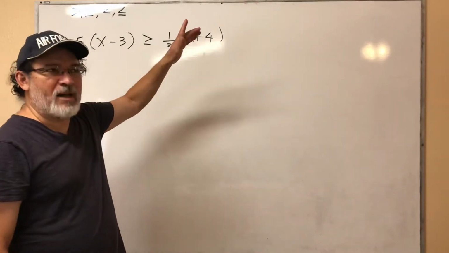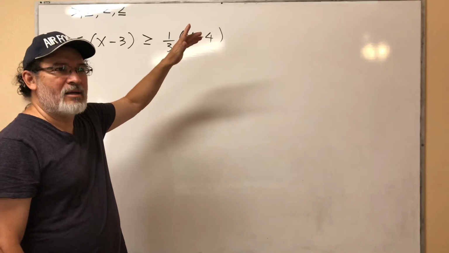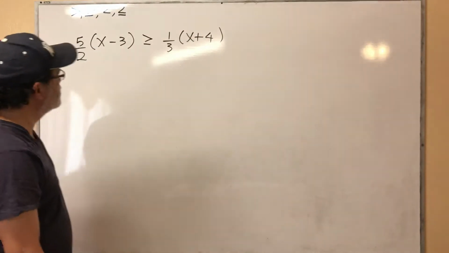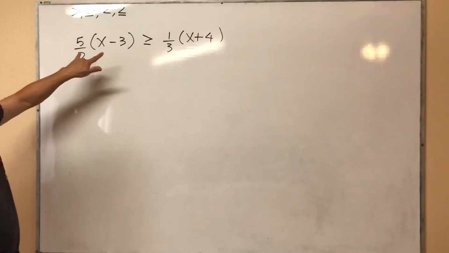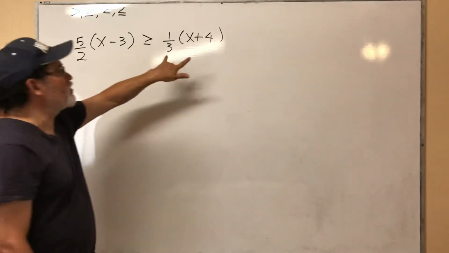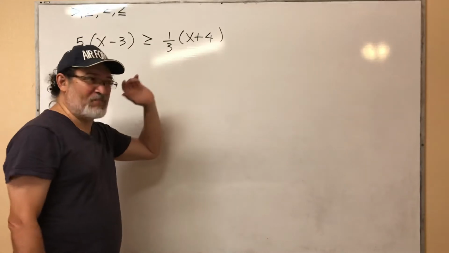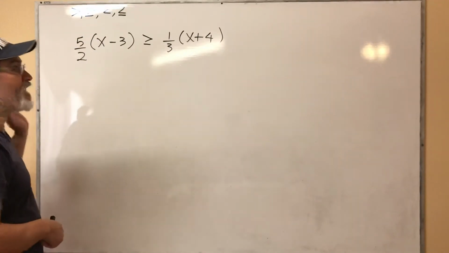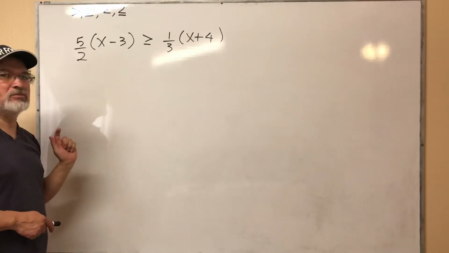I'm going to multiply both sides by 6. I'm going to multiply this side by 6, and I'm going to multiply this side by 6. When I say I multiply this side, I'm saying I'm going to multiply every numerator by 6.